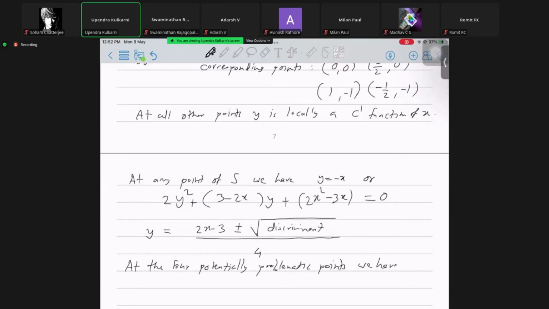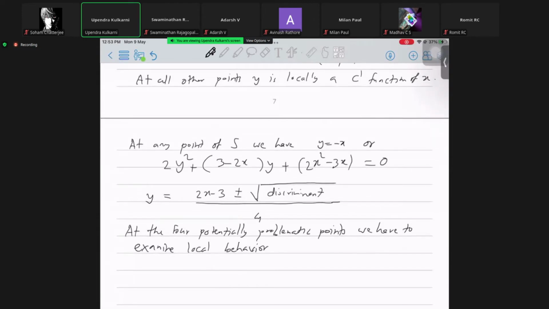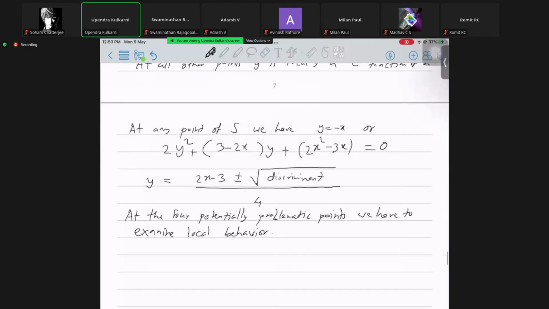We have to examine local behavior. And see, the idea is going to be something like this. Okay, because I really should have worked this out beforehand. I thought I was going to do it on my feet, but it's something of this nature, right?